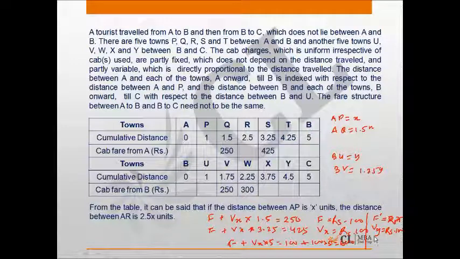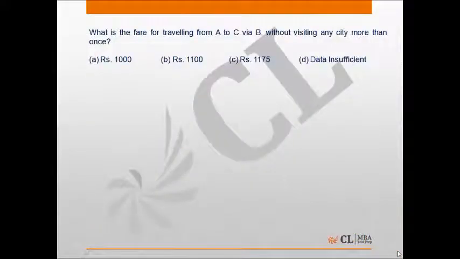So if a person wants to travel from city B to C, then he has to pay fixed cost, which is 75, plus variable cost, which is 100 into 5. It comes out as rupees 575. Now we come to the questions.